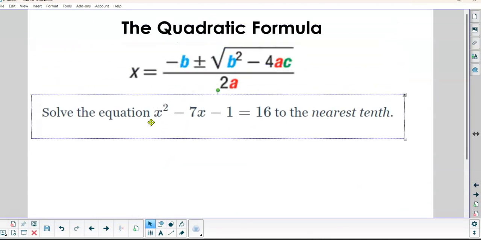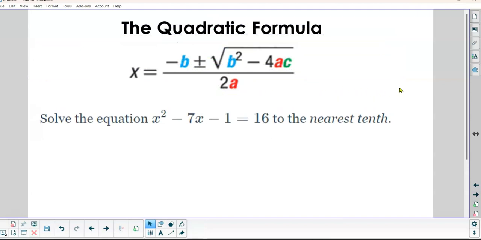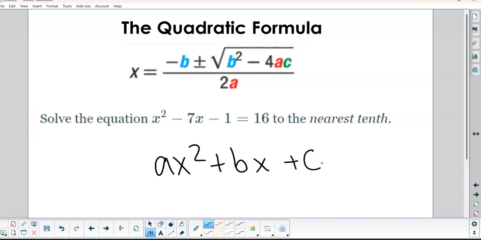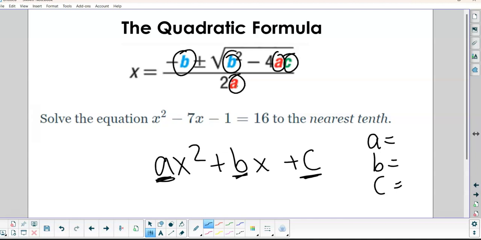So in this question that we're being asked to do, we first have to make sure it is in standard form, right? So ax squared plus bx plus c. It must be in this order before you can identify the values for a, b, and c. Because once you know the values for a, b, and c, you're going to plug them into the formula in their correct spots.